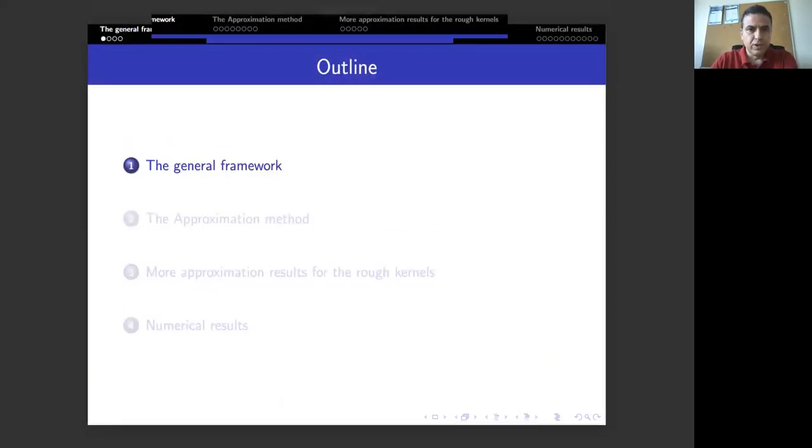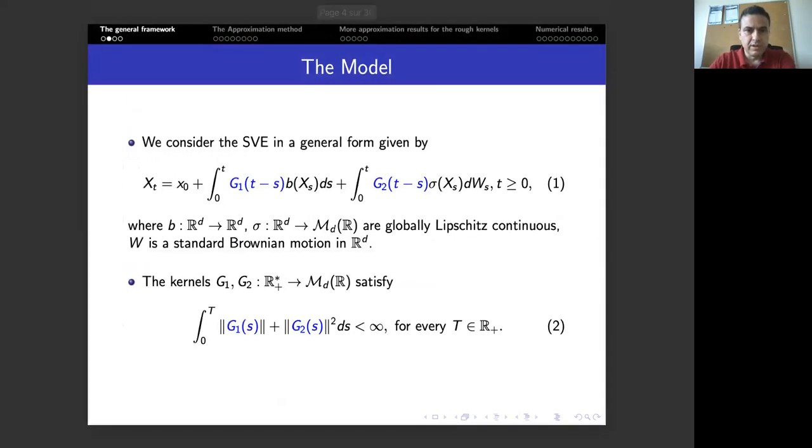So the general framework that we considered in this case. Here we have a stochastic Volterra equation written in a very general form, where I have the drift coefficient, which is with a convolution kernel here G1, and the diffusion coefficient that is convoluted with a second kernel that may be different from the first one.